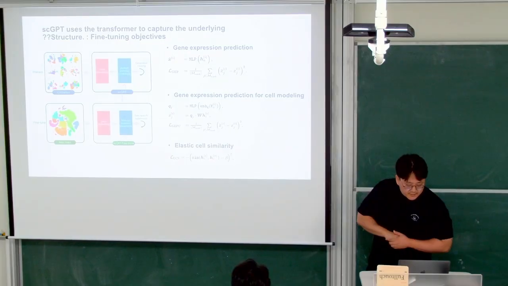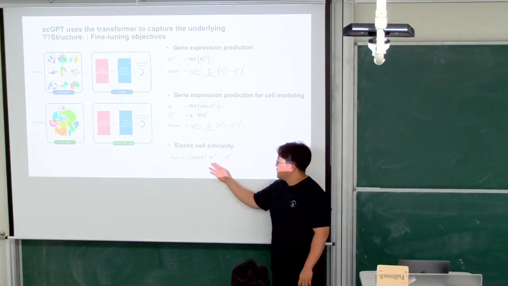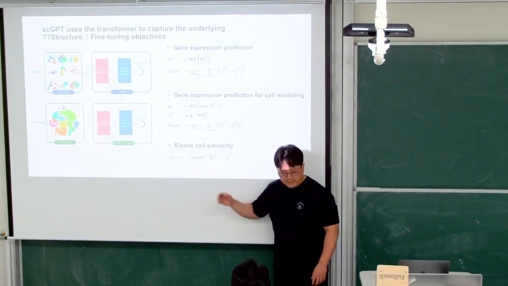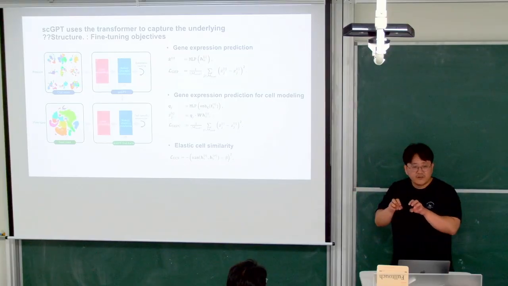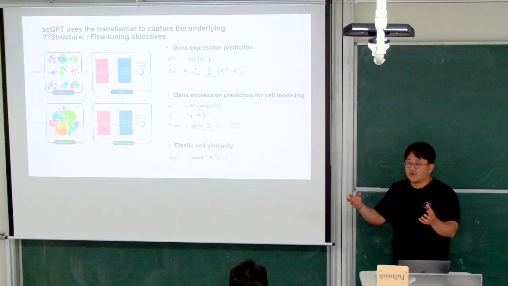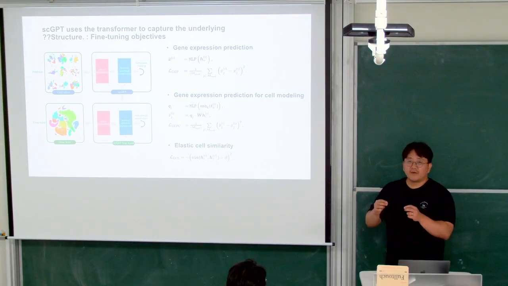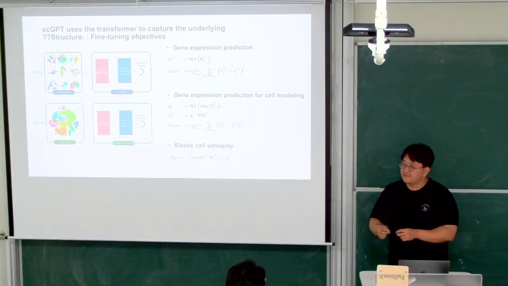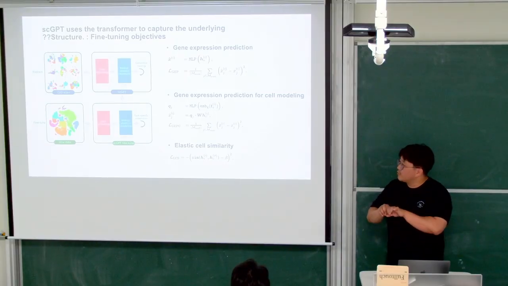The last term is elastic cell similarity. They want to put cell representative vectors closer when they show high similarity. If the two vectors are dissimilar, then they want to separate them.